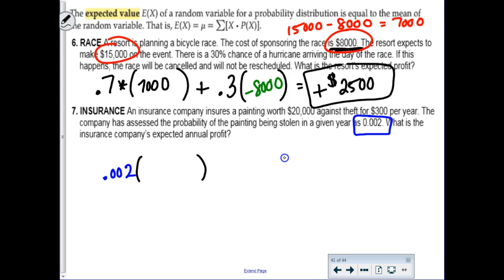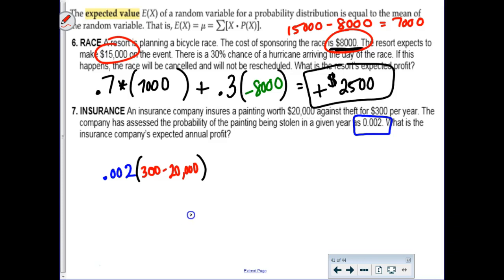The insurance company takes in how much money from the customer? $300, right? So they took your $300, but when the painting is stolen, what else happens? The insurance company has to write a check to you for $20,000. From the insurance company's point of view, they're going to lose that $20,000. So essentially they only lost $19,700, right?